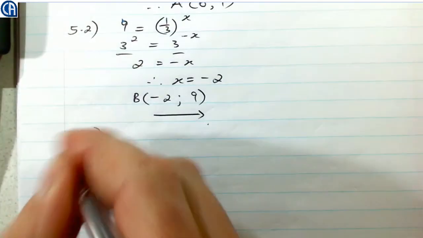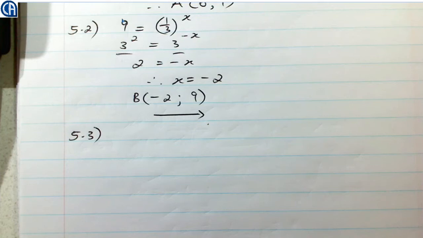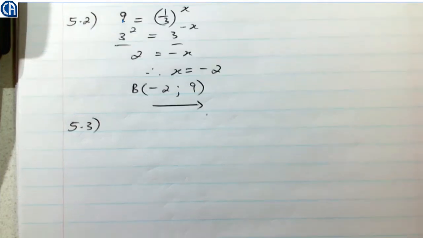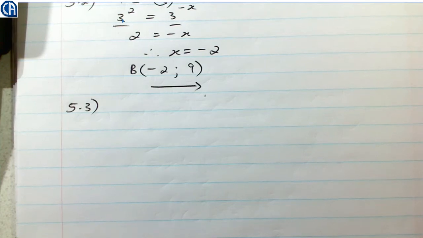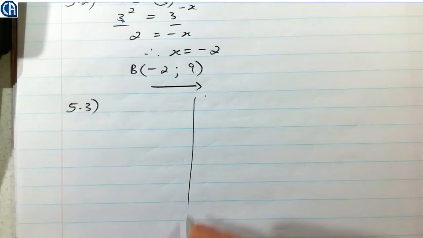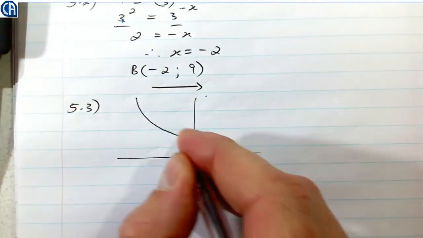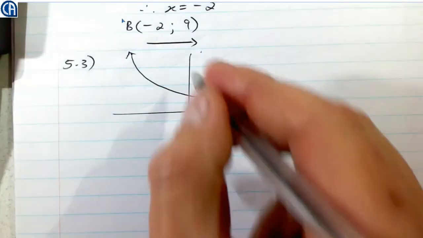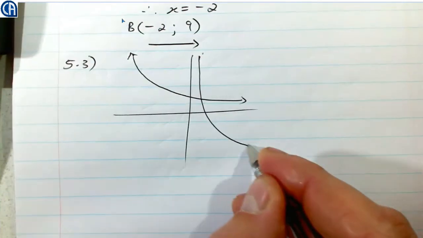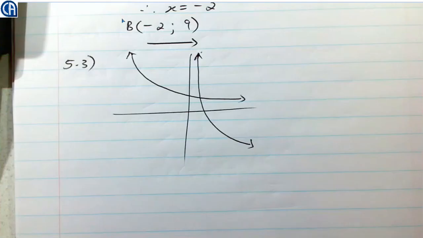5.3. Write down the domain of the inverse of f. Okay, so let's look at the graph of f, which is a decreasing exponential function. Therefore the inverse is a decreasing log function.